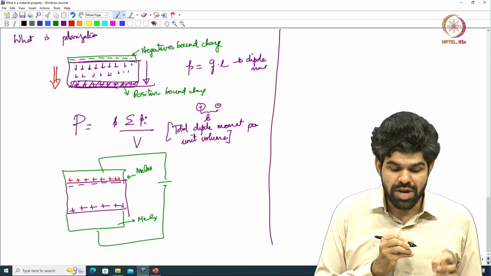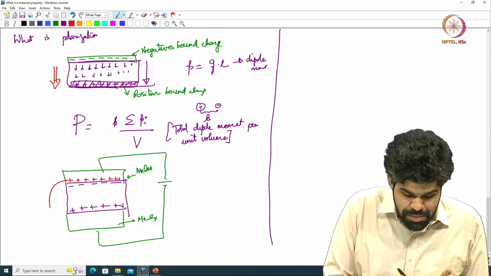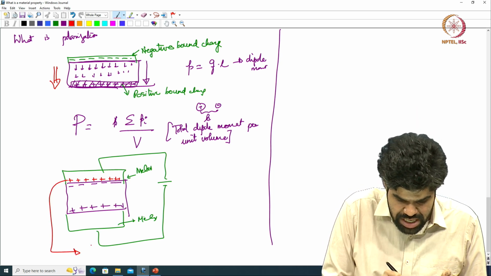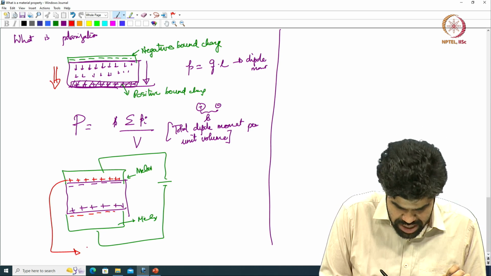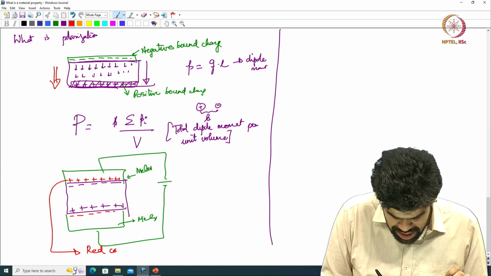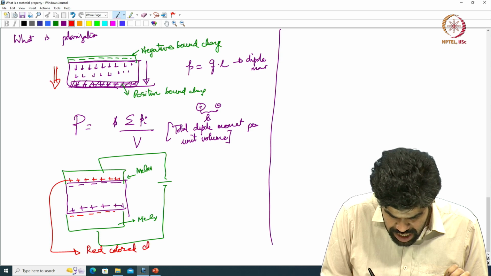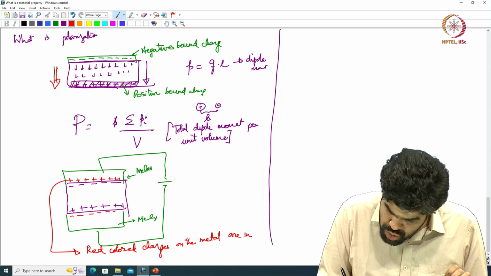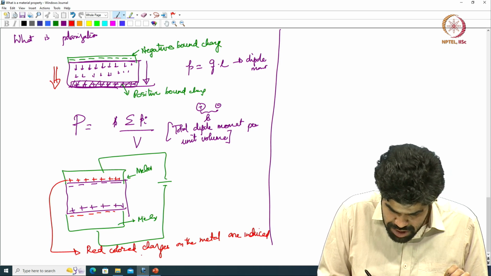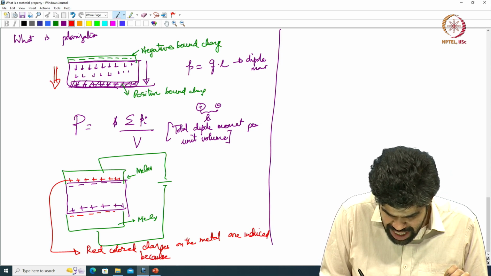These charges are being induced, these red charges, and here negative charges. So, the red colored charges on the metal are induced because of dielectric polarization.